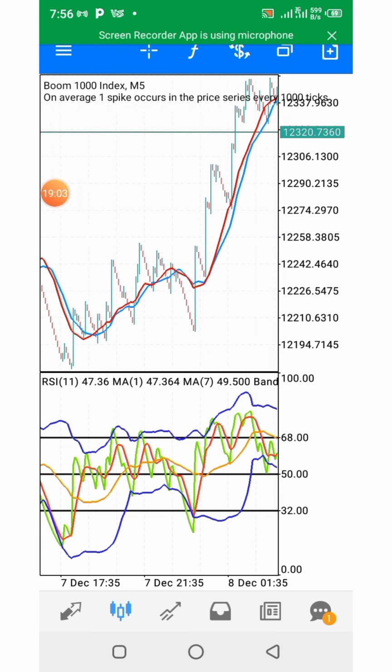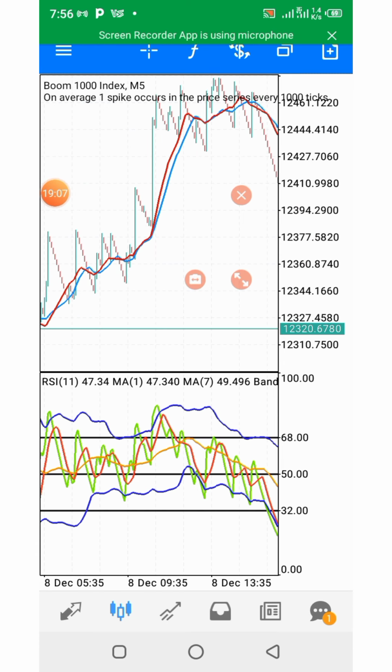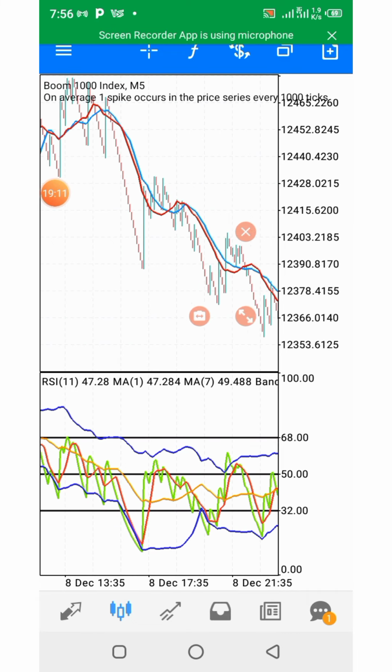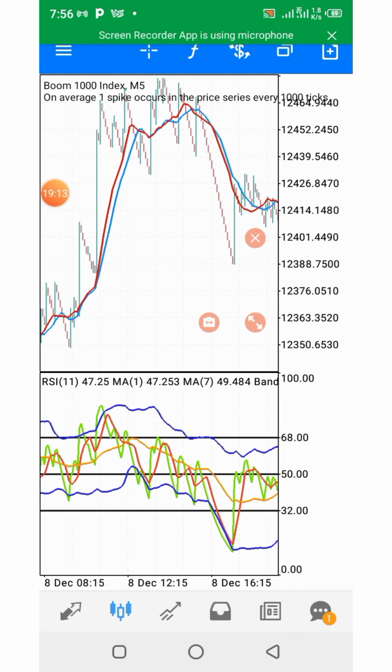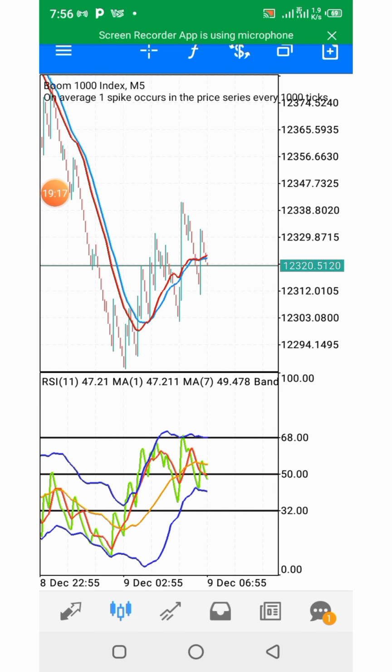You buy the market like this up in your 5 minutes time frame. You know what it means. When you are buying this market, you will definitely be in profit. But at this point now, you can see that when it crosses here, you start selling the market. You sell and sell and sell to this point, and then you will definitely be in profit.